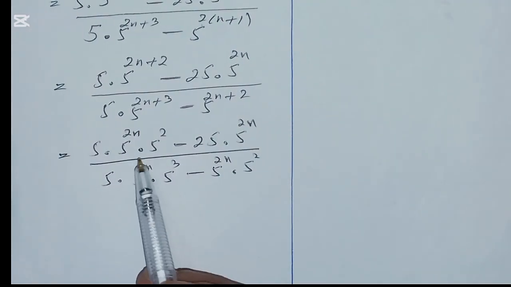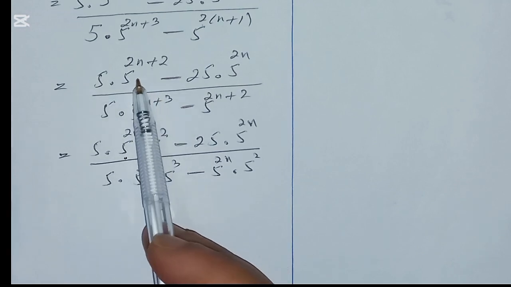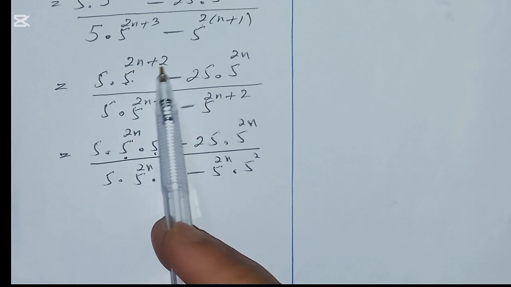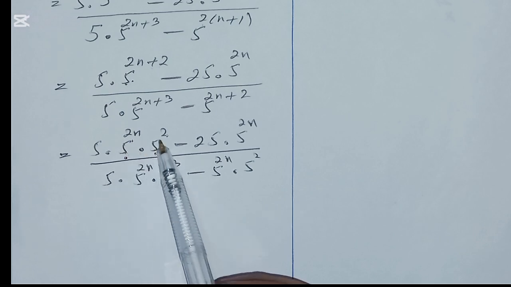The bases are the same and the powers are added. In a similar way, if we have the base 5 and its power is 2n plus 2, it can also be written in this form: 5 power 2n multiply 5 power 2.